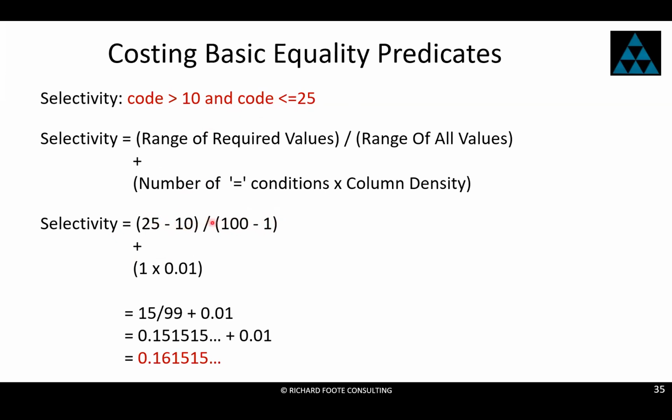It's basically 15 divided by 99. But because we've got an equality predicate on one side of the condition, because we say we want equal to 25, we also add the selectivity of one value for each equal sign that we've got. The selectivity of this, because we've got 100 distinct values, is 0.01. So the total is 0.15 recurring, which is 15 divided by 99, plus the 0.01 for the equal sign, which gives us a selectivity of 0.1615 recurring.